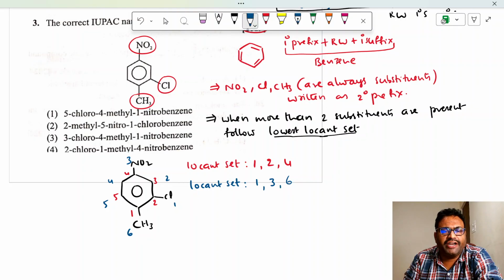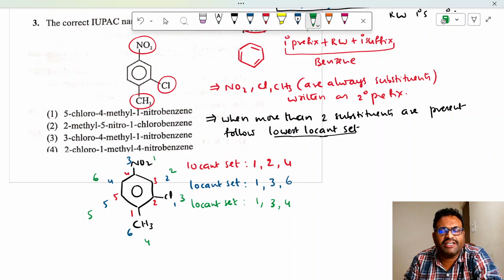If you try to write another locant set, this is 1, okay, 2, 3, 4, 5, 6. Another locant set. Here nitro is 1, chlorine is 3, and methyl is 4. In this way we write locant sets.